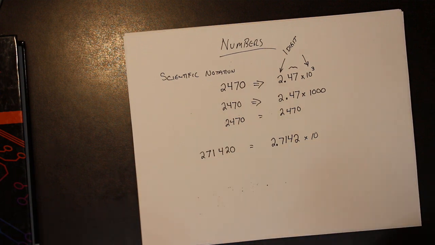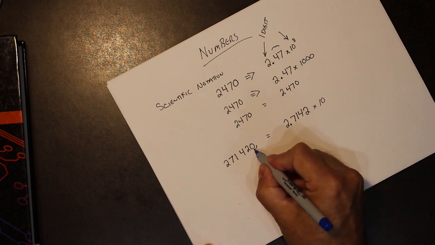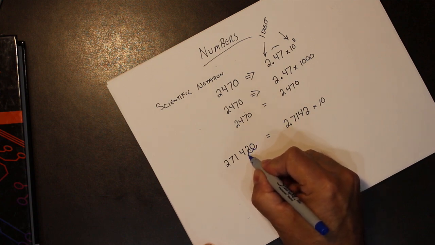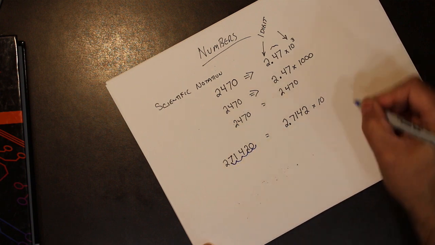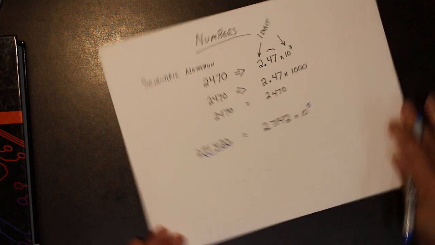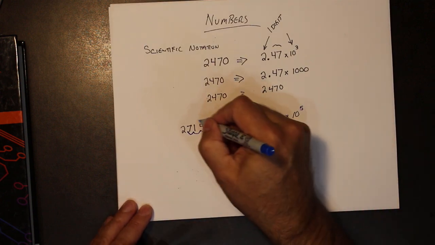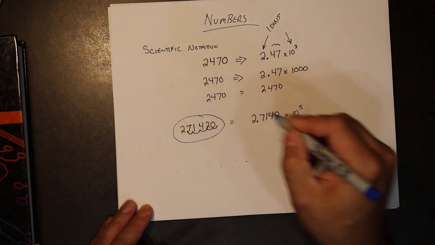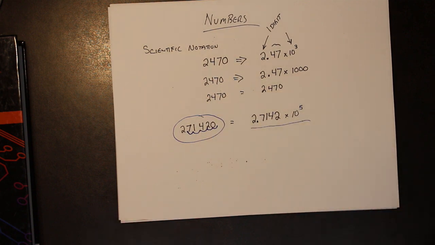So if I take my original number and I move the decimal point 1, 2, 3, 4, 5 spots, this becomes 10 to the 5. So here's our original number. This is the scientific notation of that particular number.